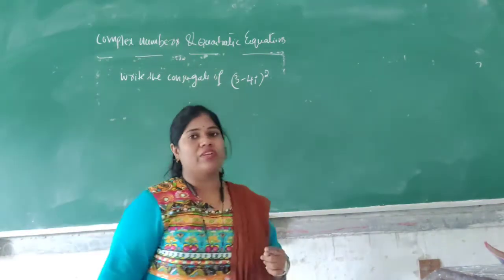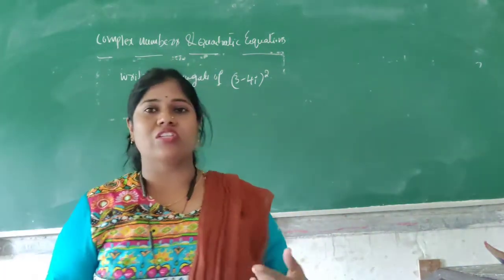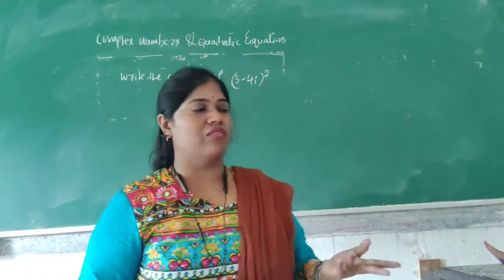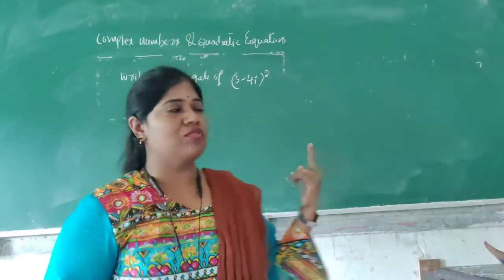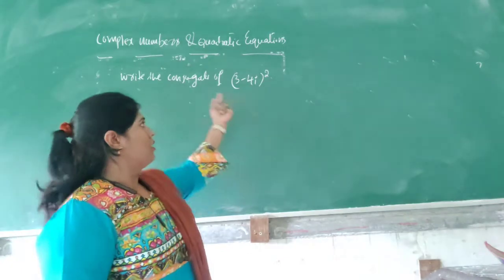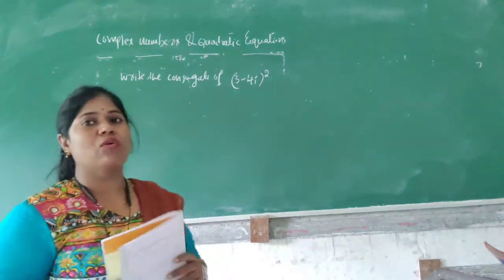So before that we need to simplify. Don't write the conjugate directly here. We need to simplify that one. What does the problem give? It is of the form (a minus b) whole square.